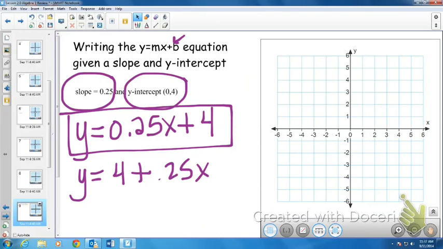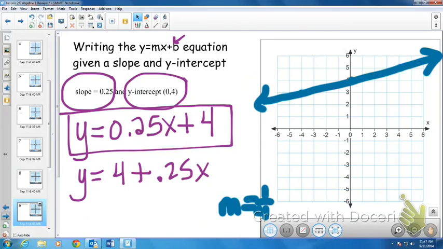They are interchangeable. If I wanted to graph this, all I need is one point and the slope. So my one point is (0, 4), and then my slope is 0.25. 0.25 is the same as 1 over 4. So I could go up 1 over 1, 2, 3, 4, or I could go down 1, left 1, 2, 3, 4, and now I've got the graph of this line.